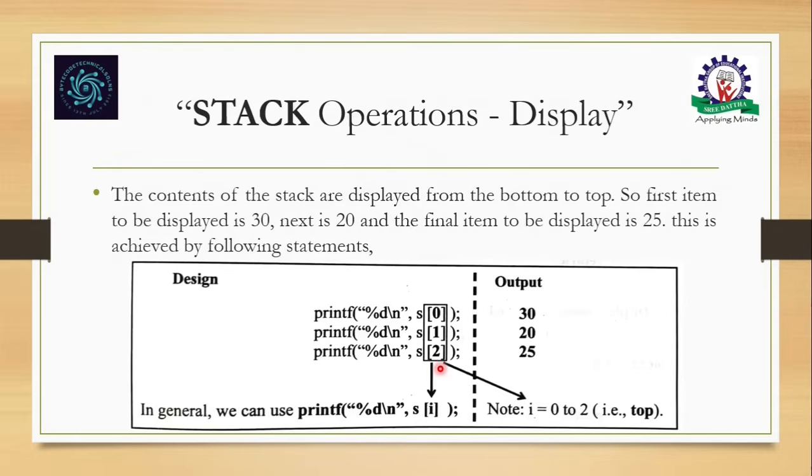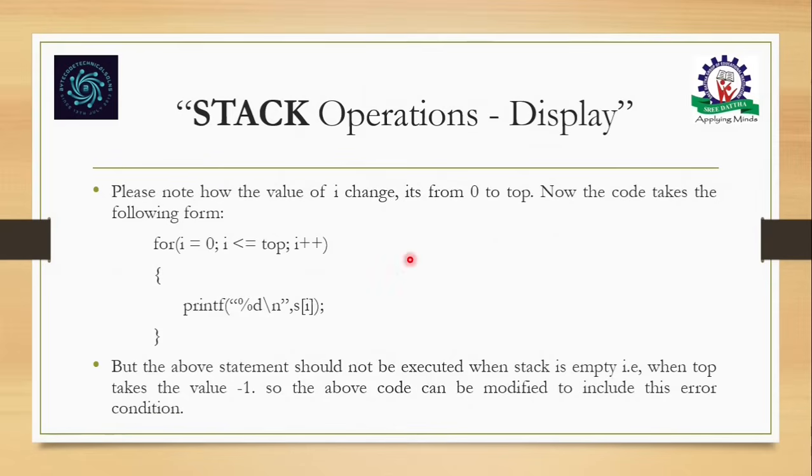Hence I take I from the range 0 to top. I can write this using the for statement as follows: for I is equal to 0, I less than or equal to top, I plus plus.